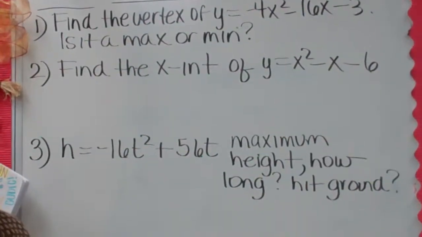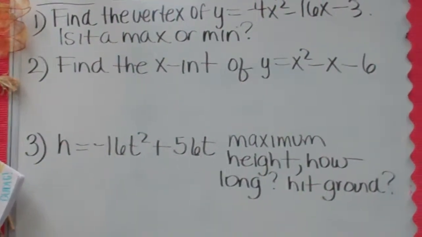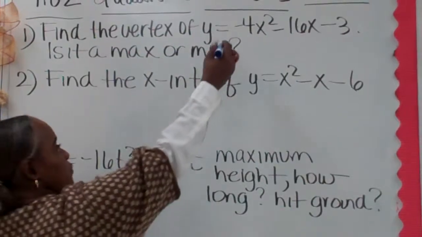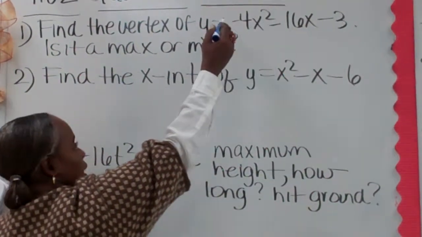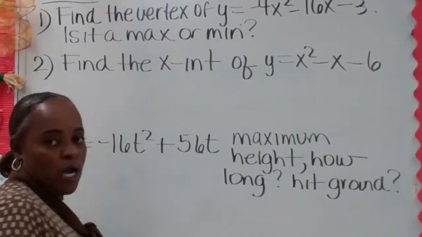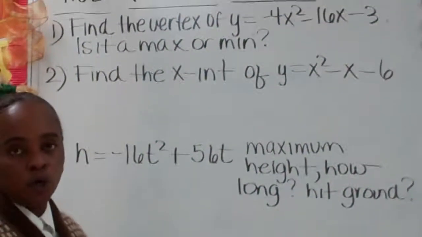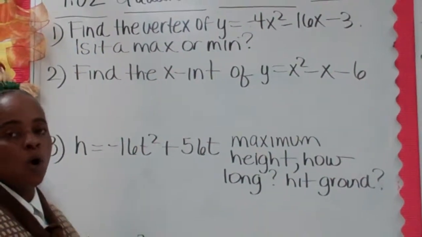First of all, please remember that the graph of a quadratic is a parabola, and if that quadratic has a negative in front of the x squared term, then that quadratic opens down.